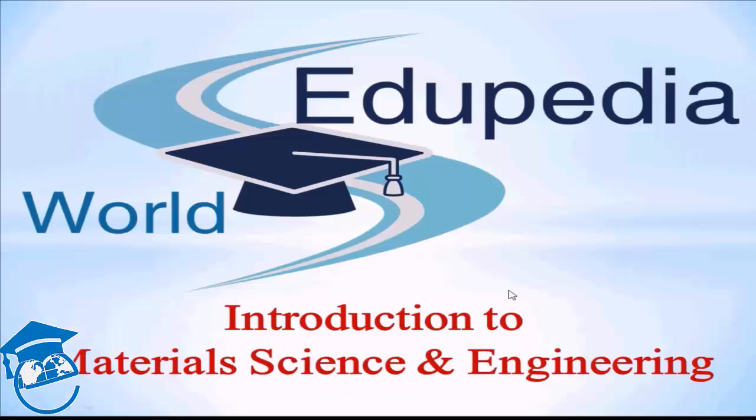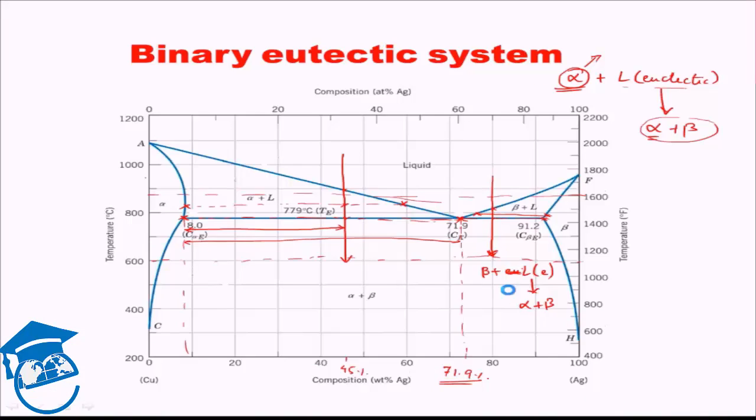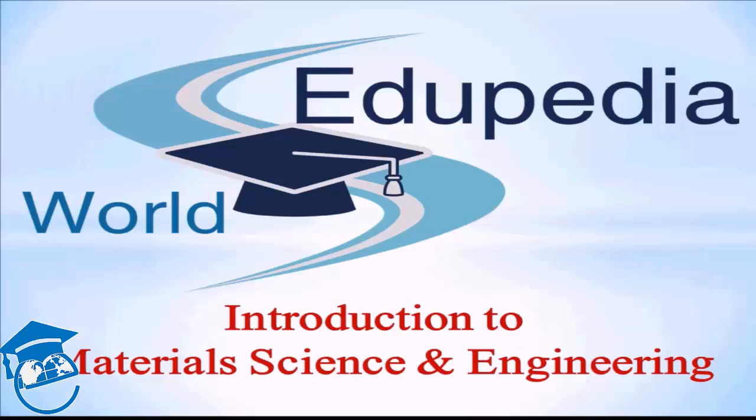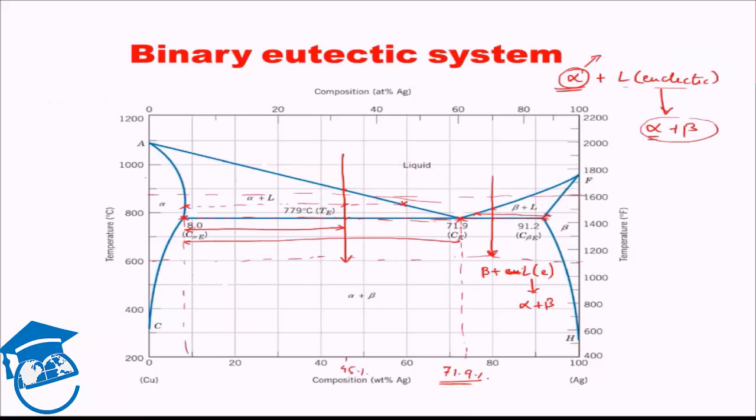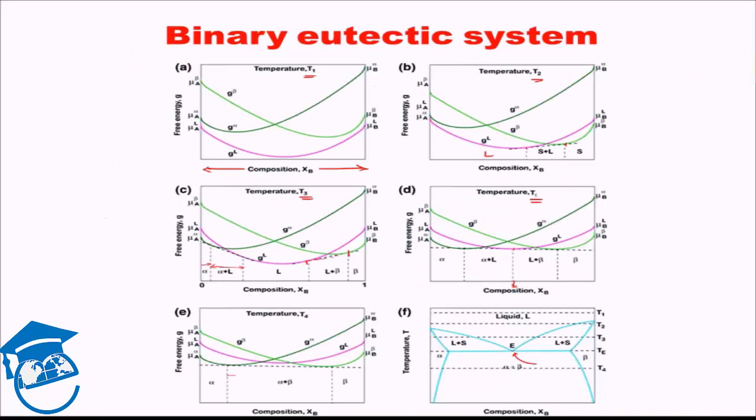So what we have seen in today's lecture, let me recap briefly. We started with discussing what a eutectic system is. We saw the eutectic reaction and how it takes place. We saw the eutectic phase diagram, and how we get it from free energy considerations.